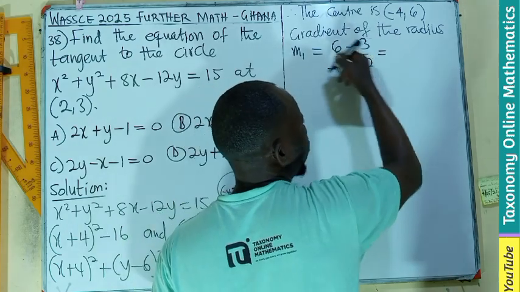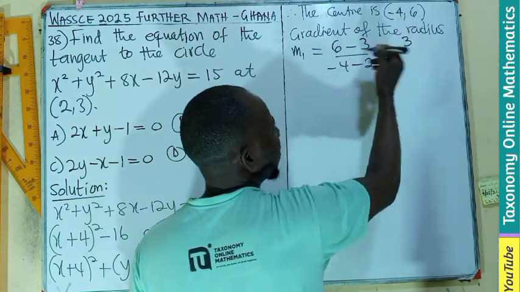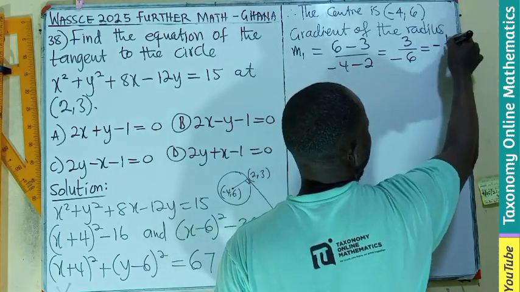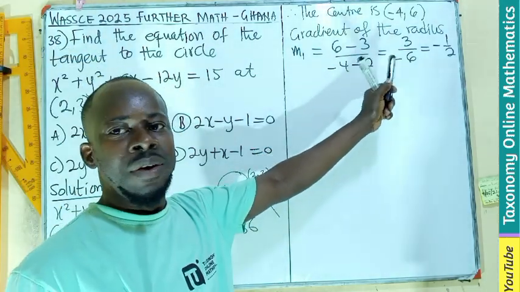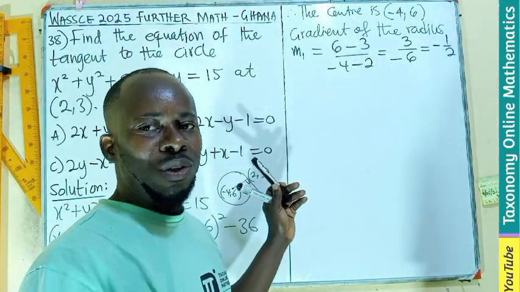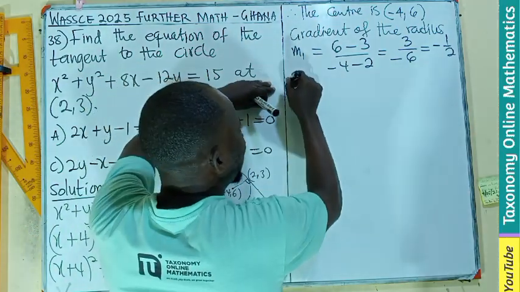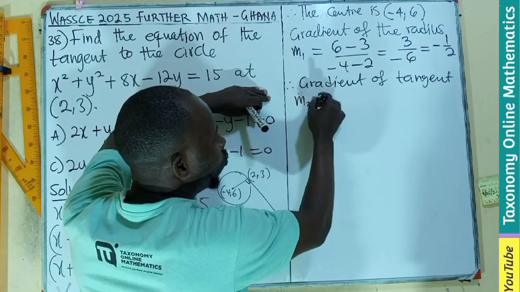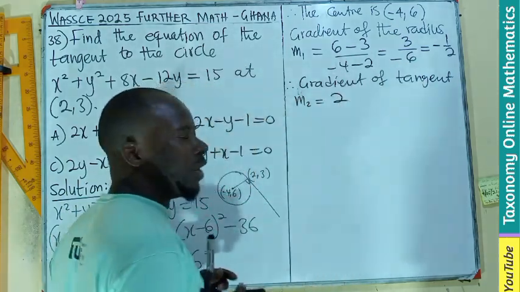This will give you 3 at the top, divided by minus 6. That gives me minus 1 over 2. So this is the gradient of the radius, which will be the negative reciprocal of the gradient of the tangent. So the gradient of the tangent, m2, will be the negative reciprocal of this. That will give you only 2.